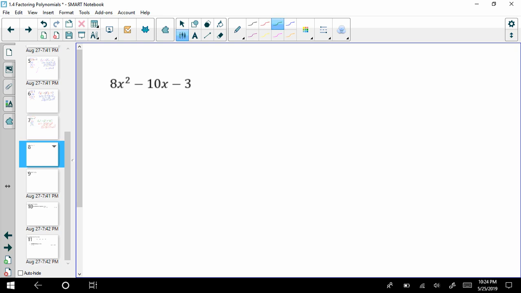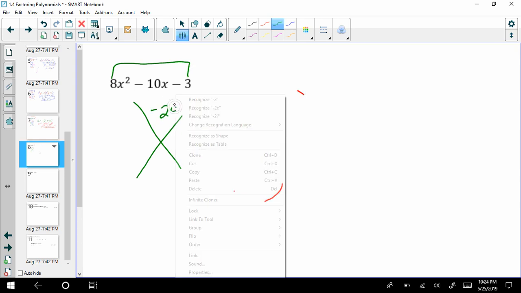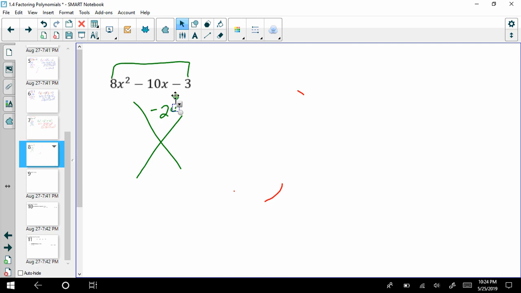Next one. I want to multiply 8 times negative 3, negative 24. And I want to add to negative 10. So I need two numbers that multiply to negative 24 and add to negative 10. You might say, oh, negative 6 and negative 4.